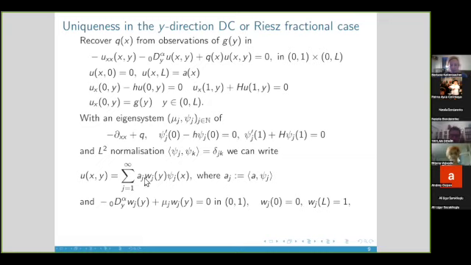So this ansatz already takes into account this space differential operator and also the boundary conditions here. And by using solutions of this boundary value problem, we also take into account the y direction part.